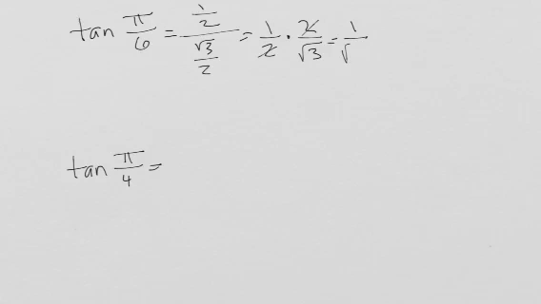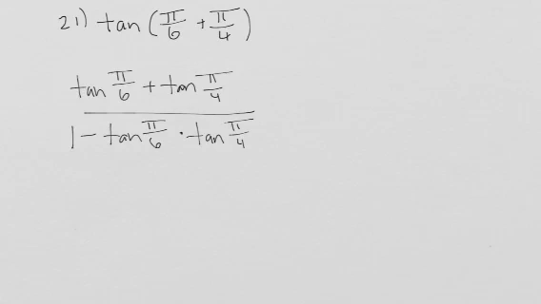Get my 1 over square root 3, which we know we're not allowed to leave square roots in answers. So I'm going to multiply that by a fancy version of 1, which is square root 3 over square root 3, which will give me square root 3 over 3. I'll use that in replacement of every place I see tangent pi over 6. So where I see tangent pi over 6, that becomes square root 3 over 3. In the denominator, there's another one.